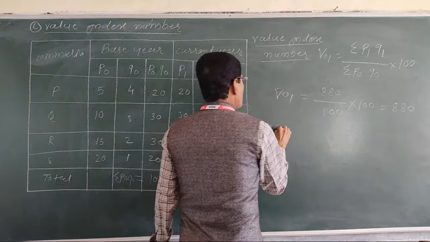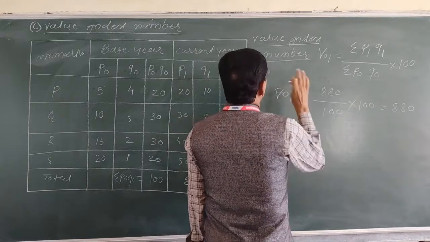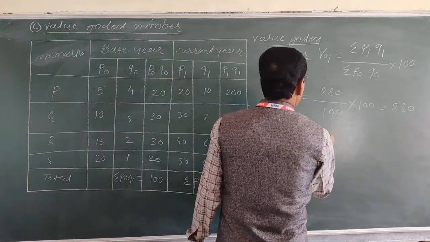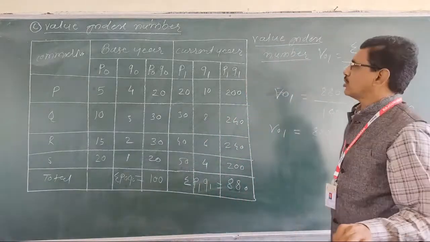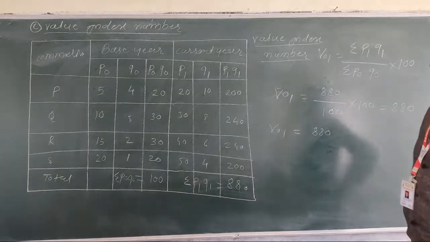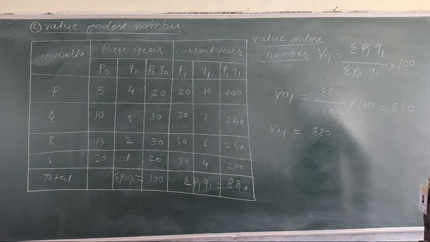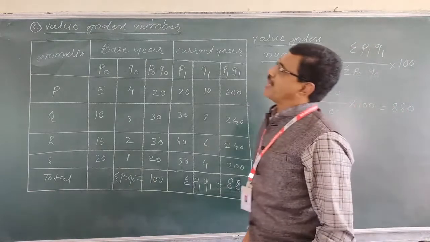So V01, the value index number, is 880. That is the third method of simple index number.